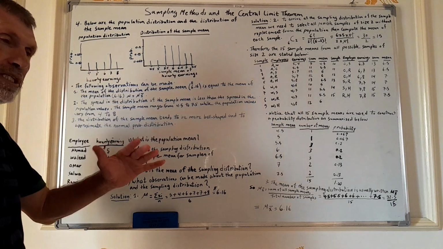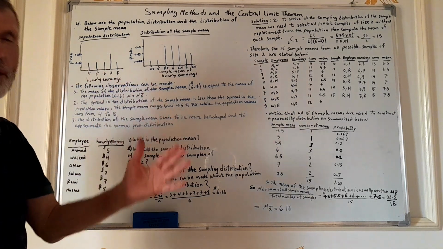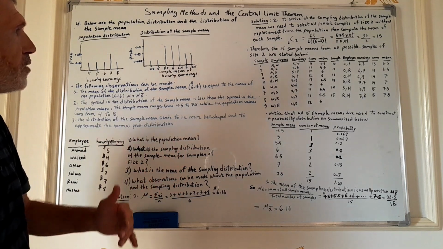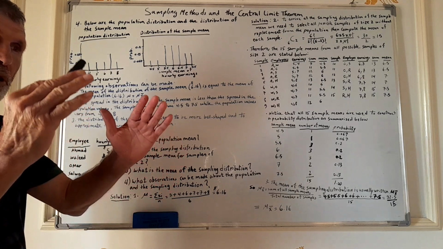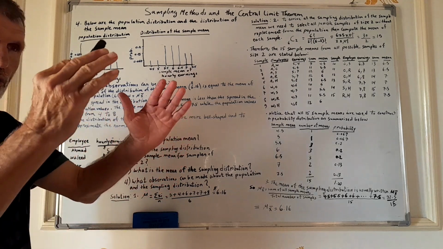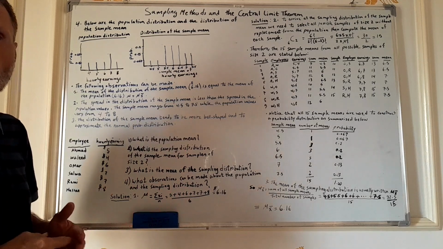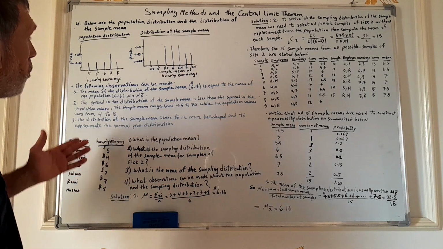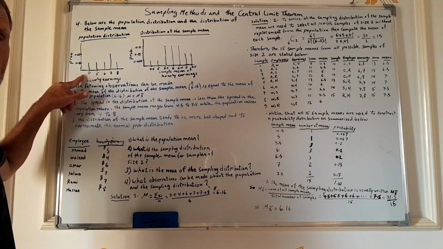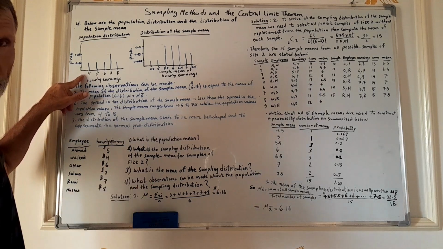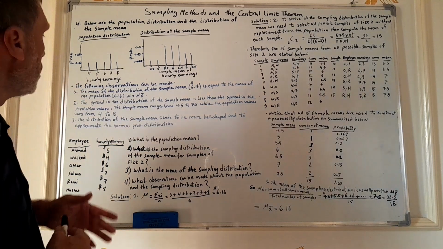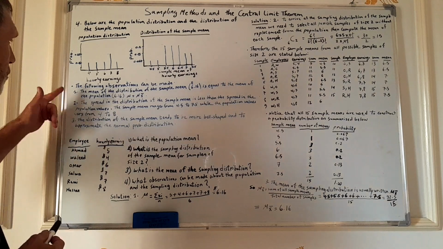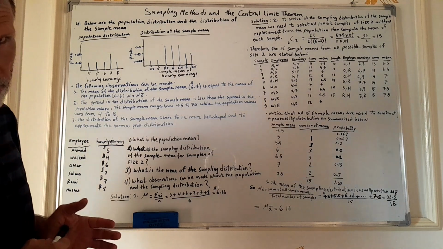So the distribution or the shape of the sample means tends to be close to a bell shape, and that tends to approximate the normal distribution, while the distribution of the population does not look at all like a bell-shaped distribution. Okay, so these are the three main observations we make out of this question.